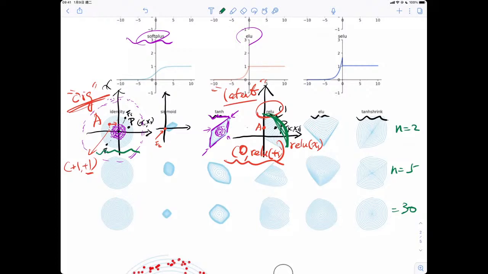We squeeze the data 5 times, we squeeze the data 30 times, using different activation functions. As you can see, those data will be squeezed to a very strange shape or distribution in the new latent space.